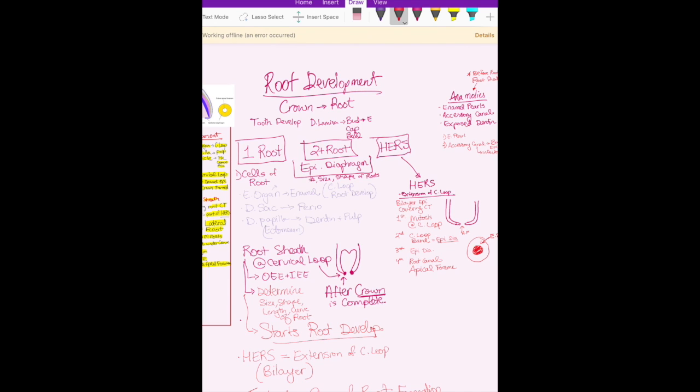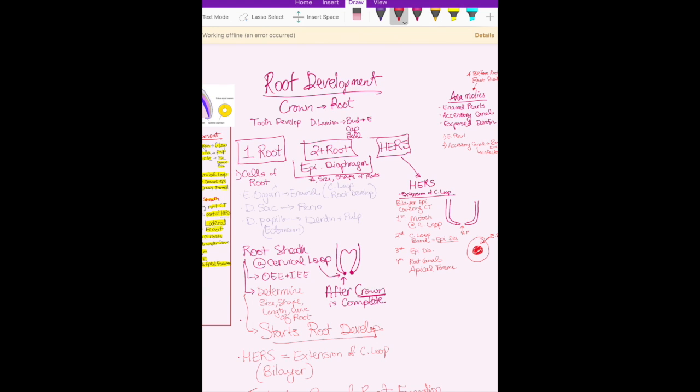Then, due to the fast growth of connective tissue, the epithelium cannot keep up, and you have a break in the epithelium that forms the epithelial cell rests of Malassez. That's important because collagen fibers can now interact with the cementum of the root and start forming cementum.